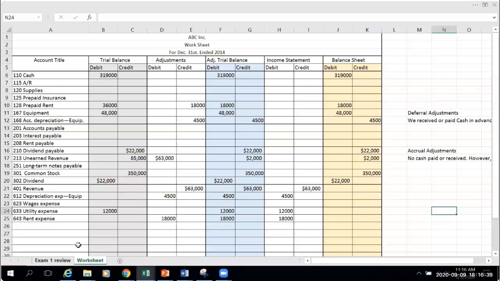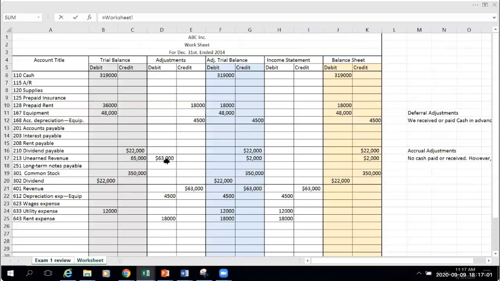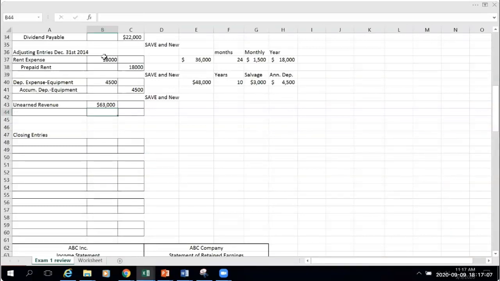Okay, let's do it. So debit unearned revenue or deferred revenue, and that's a debit, equals to, go to worksheet, get it from your worksheet. You see all those adjustments are coming from worksheet. I'm not typing any of those. None of those are typed.